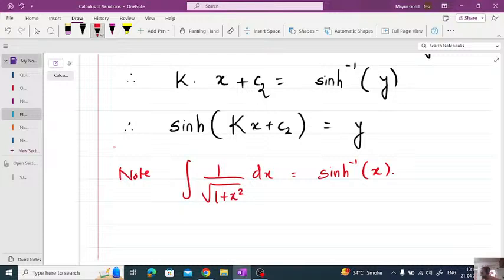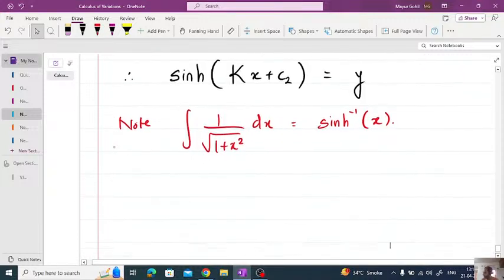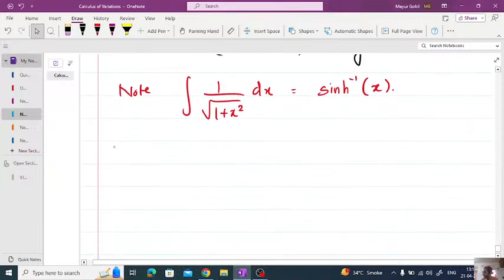Okay, these are the kind of questions you can practice, these two questions for yourself, and you will be able to get some answers. I'll give you their answers also. Take down this question for your practice.